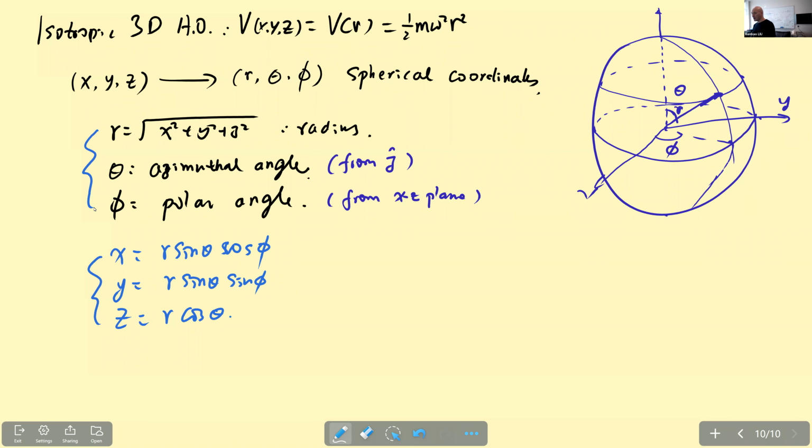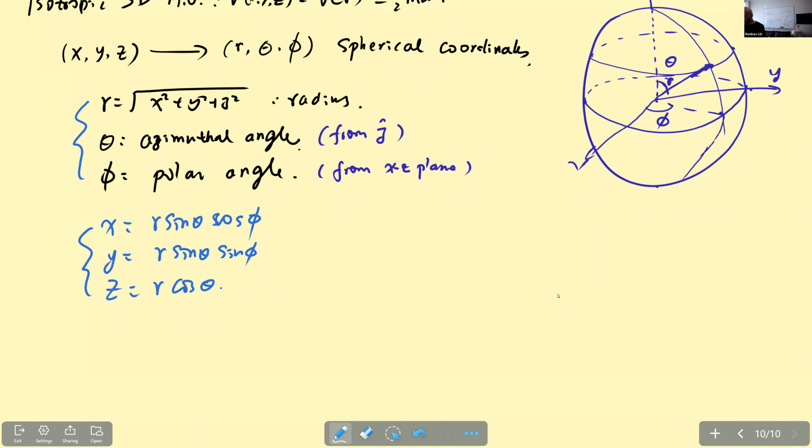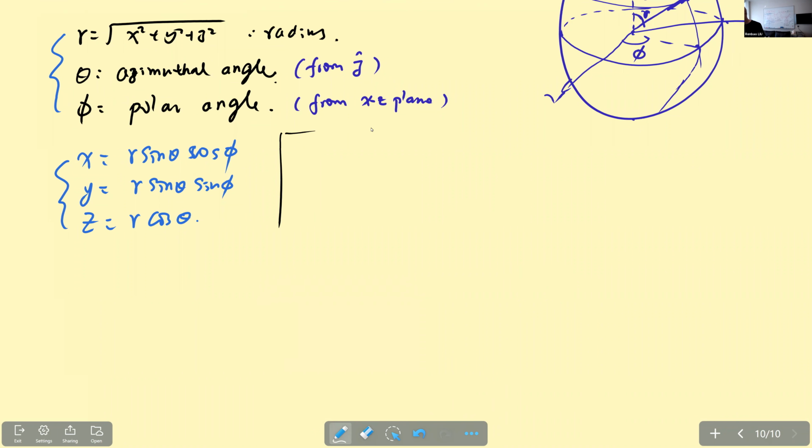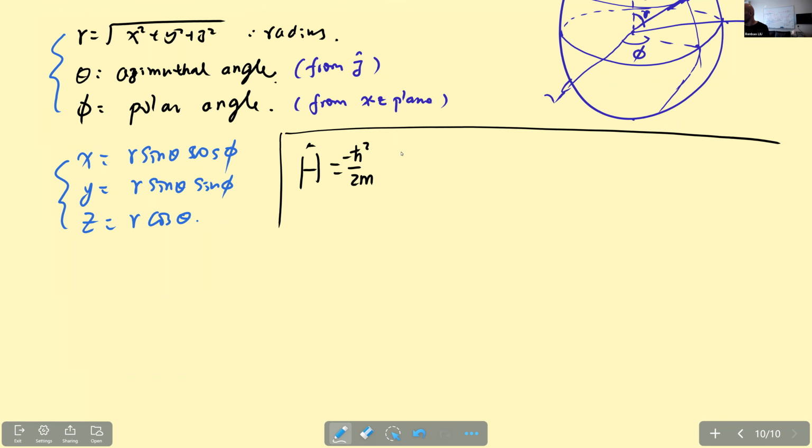Okay. Right. So with this, we can write down the Hamiltonian. That equals minus h bar squared over 2m times the Laplacian, plus 1/2 m omega squared r squared. So this is a 3-dimensional Laplacian.